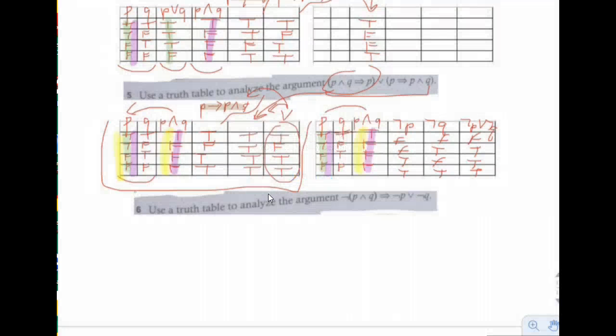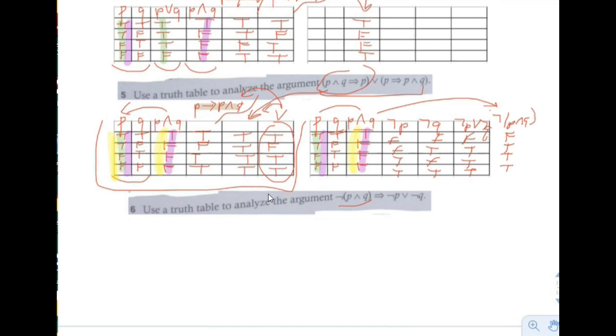And then last of all, we need a not P and Q. So not P and Q would just be the not of that. So it would be false, true, true, true.